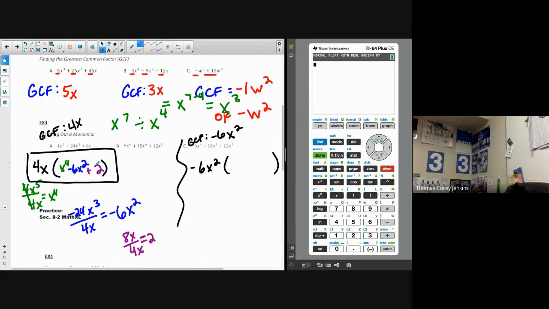And then our last one, I'll show a little bit less work and work through it more quickly. I factored out a negative 6x squared. So if I take minus 6x to the 4th divided by this, I'd be left with x squared.